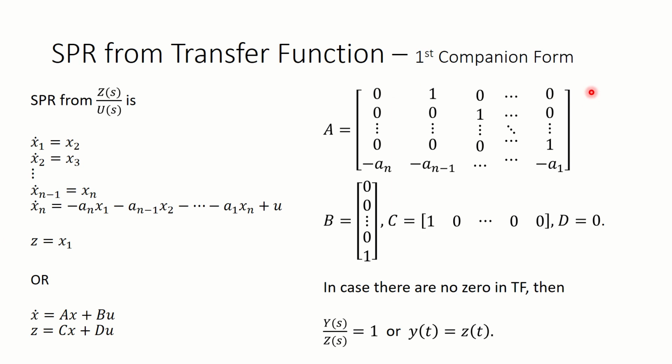So if you multiply this with the x vector, you will get x2. Then x2 dot, you multiply this row with the x vector, you will get x3. So it will be 0 0 1 0 0 0 0.